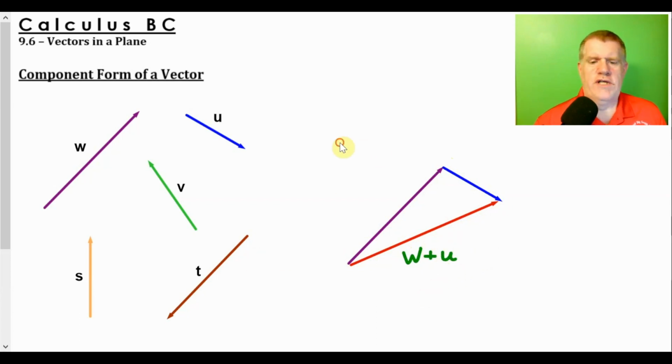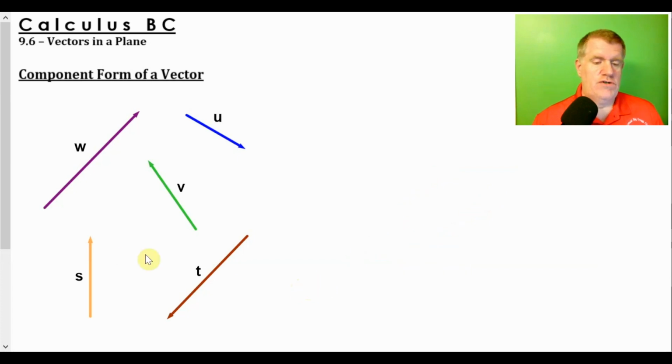And we could do really any kind of operations we want on these vectors. I shouldn't say any kind. We can add them, we can subtract them, and we can multiply them by a scalar. So what I would mean by that is, let's say we do something like 2s plus t.